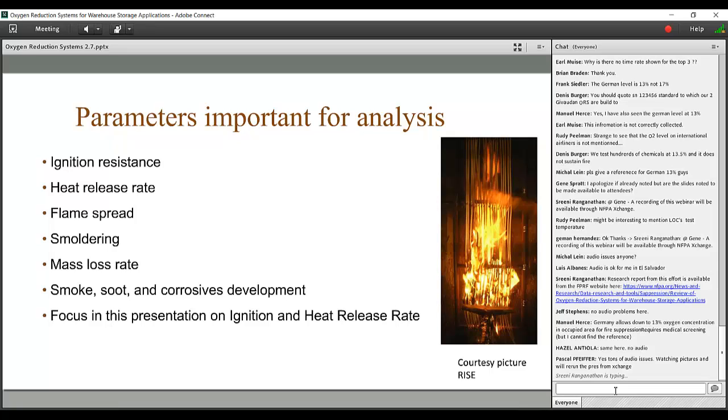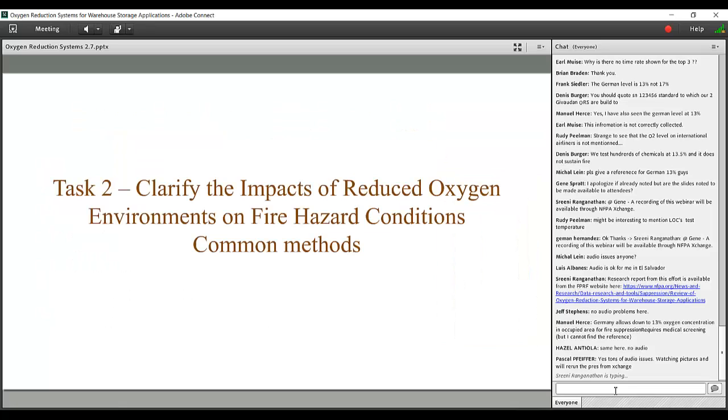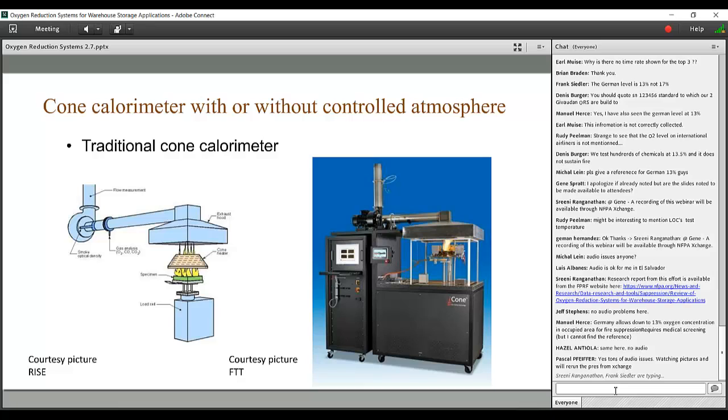If we generally look at common methods which we use, and I do not want to go into details with the large and medium scale tests, but simple smaller tests where you maybe want to check these kinds of parameters at small scale, then one of the very important and very known methods is the so-called traditional cone calorimeter, and I'm trying to see it a little bit more from the general research perspective.